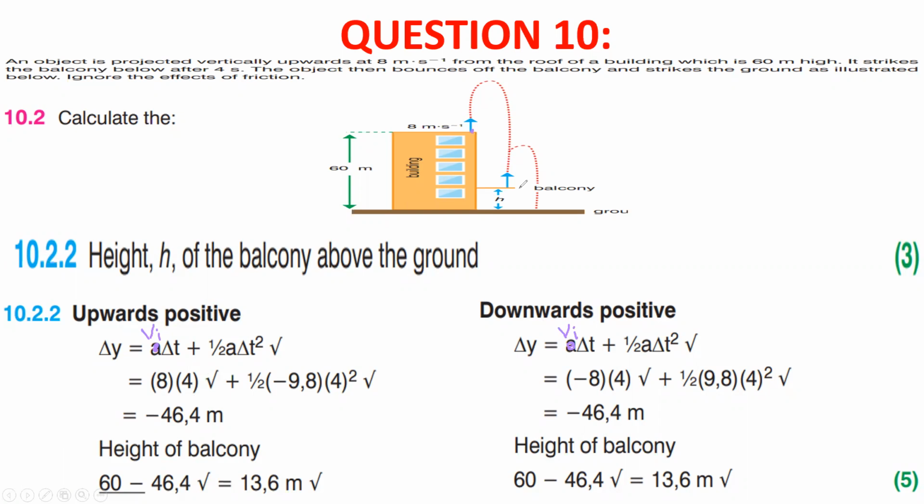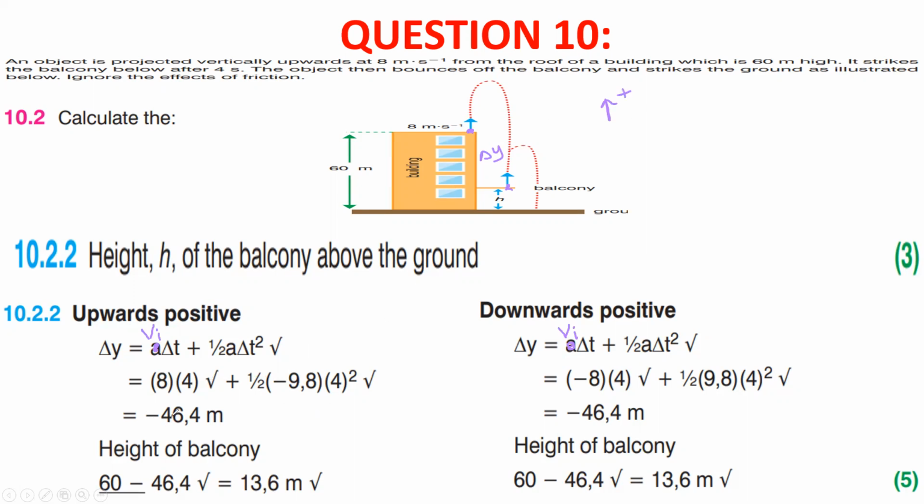For the initial, same motion, same two points, I'm calculating this delta Y. When you get this delta Y, just subtract from 60 meters, because I'm using another equation. So this is my initial point, this is my final. If you say upward positive, your V initial is positive, delta T is already positive because it's always positive, and one half times negative 9.8 because you said up positive.